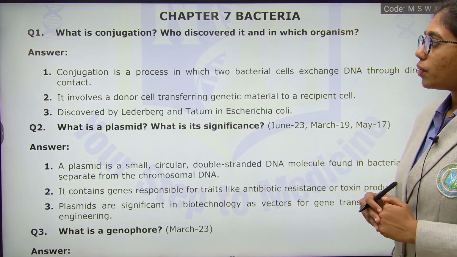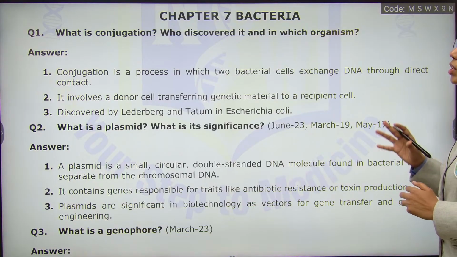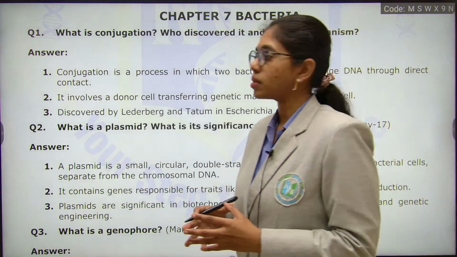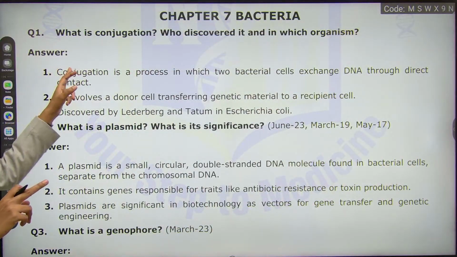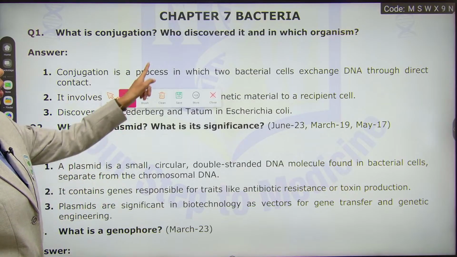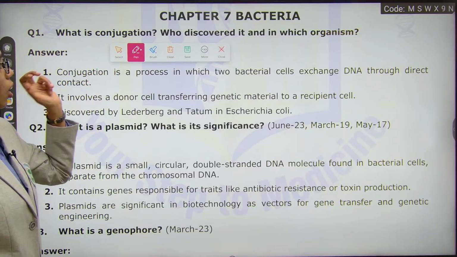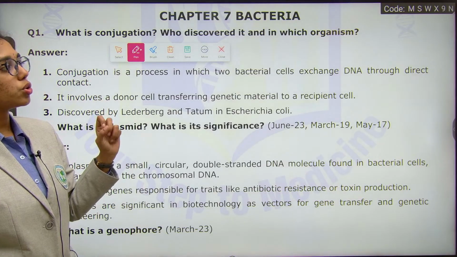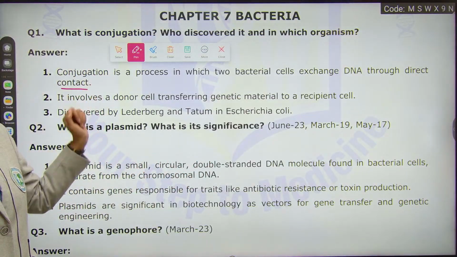If you look at the first question: what is conjugation, who discovered it, and in which organisms can you see this? First you have to define conjugation, and then say in which organism it was discovered and which scientists discovered it. Conjugation is the process in which two bacterial cells exchange DNA through direct contact.